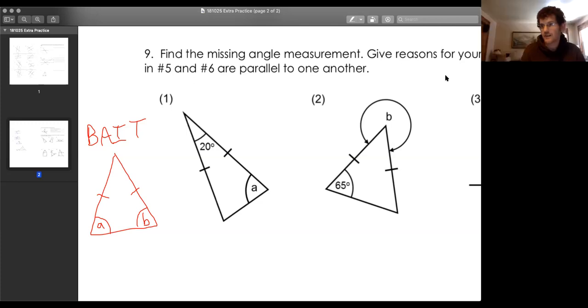Good job. Thank you. So the measure of angle A is going to equal the measure of angle B. And this is what we can use moving forward. Now, I'll run through this problem number 1 real quick. So if I know that this is my missing angle and I'm trying to solve for A, well, luckily the base angles theorem right here, base angles of an isosceles triangle, tells me this angle is going to be exactly the same.